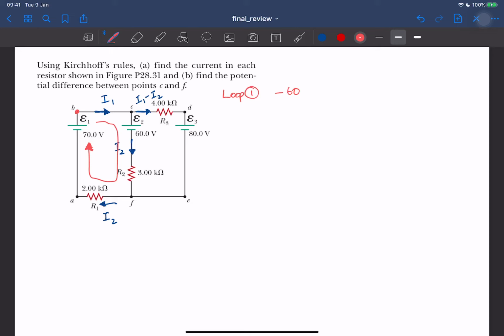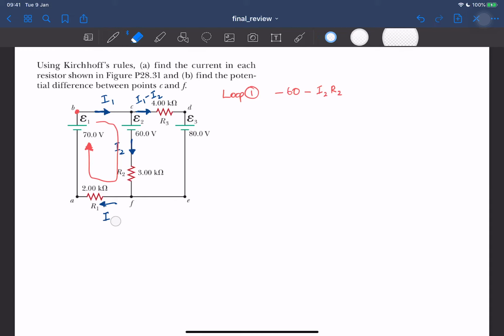And then you go in the same direction as I2, and then you go across R2. When you go across R2 in the same direction as the current, you need to put a minus sign. So it's going to be minus I2 times R2, which is 3000 ohms. And then another right turn here, again going along with the current.